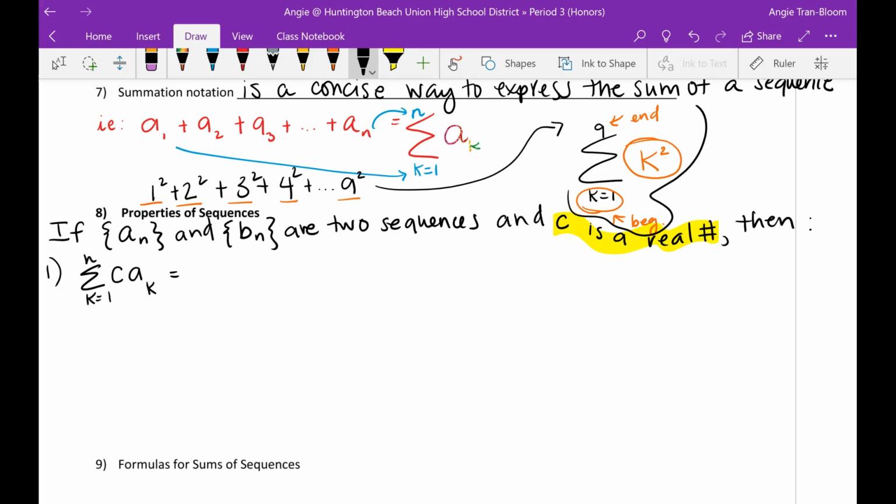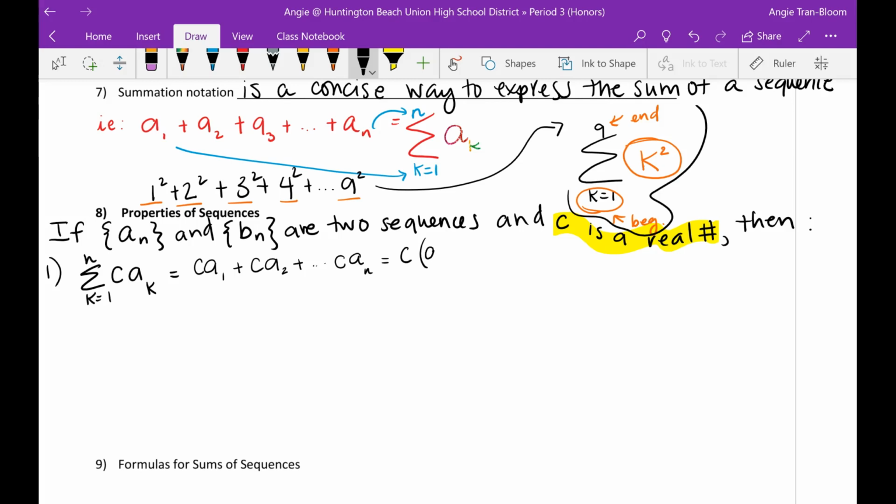Then this is the same thing as c times a subscript 1 plus c times a subscript 2 plus, skip a few, c times a subscript n, which is the same as taking out your c, because they all have c in common. It's just that real number.